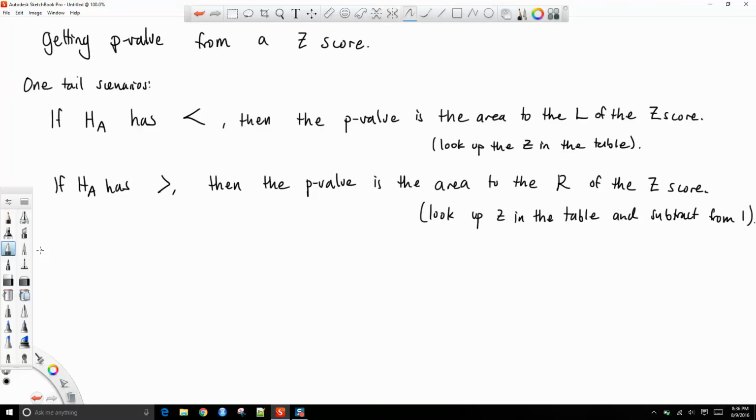All right, and then we have the two-tail scenario, the two-tail test. This is if the alternative has a not equal sign. Then the p-value is 2 times the tail area.